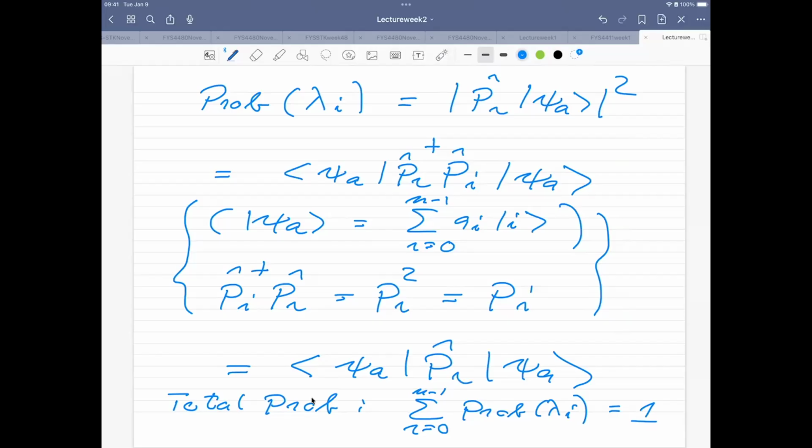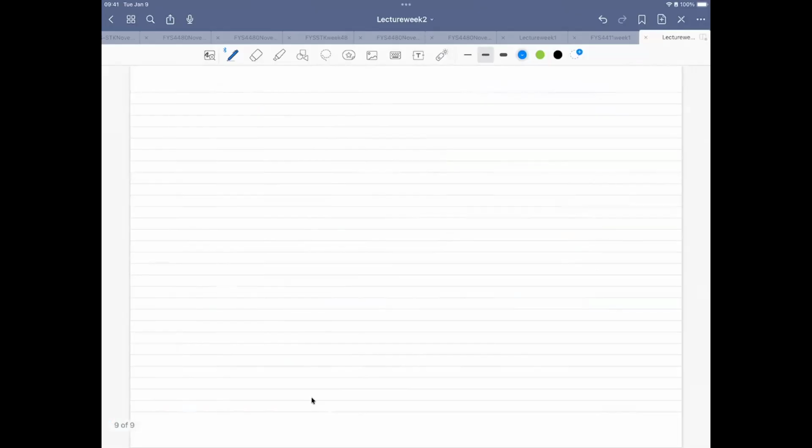So after the measurement, we have a new normalized state. After measurement, the system has then collapsed to a given state. So this is the post-measurement state.